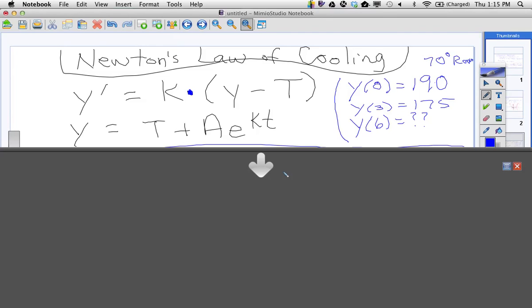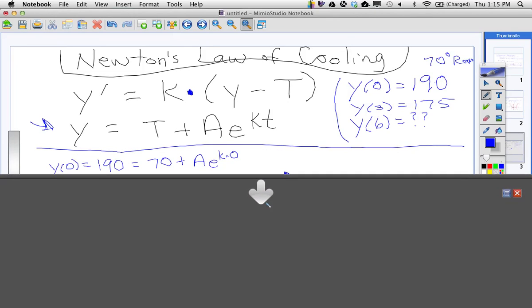What do you think? F of 2, h of 7. It means you plug in a 7, right? Y of 0 means you plug in a 0 for t. So you just go to this equation right here, which is the y equation. You plug a 0 in for t, and you better get 190 as your output.